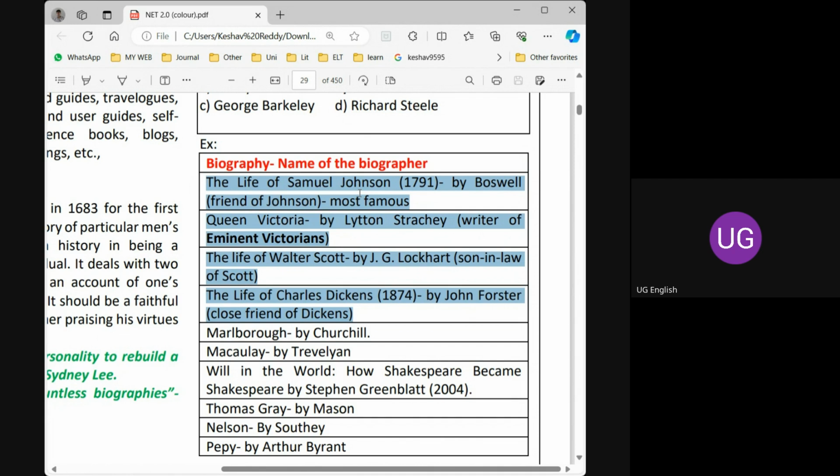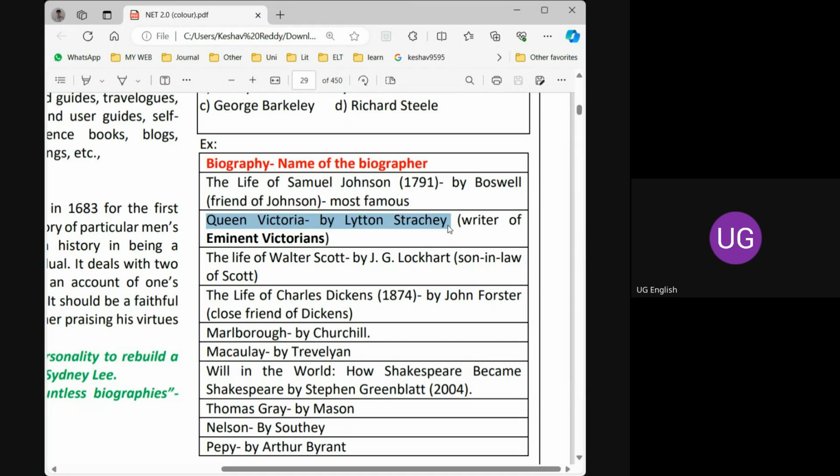Boswell is a friend of Johnson. This biography is the most famous biography in English literature, and even Queen Victoria's biography is also very famous. And this Queen Victoria's biography is written by Lytton Strachey, and here I gave the connection.